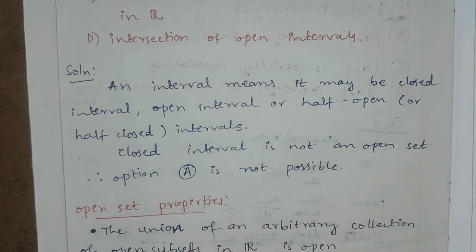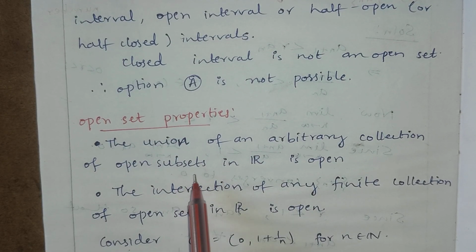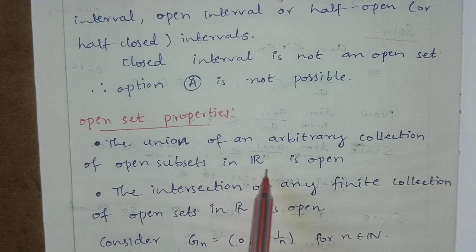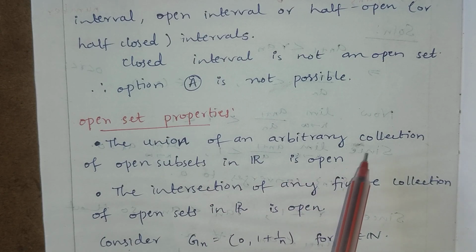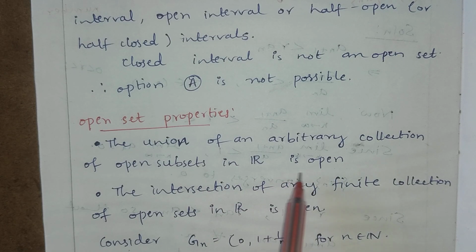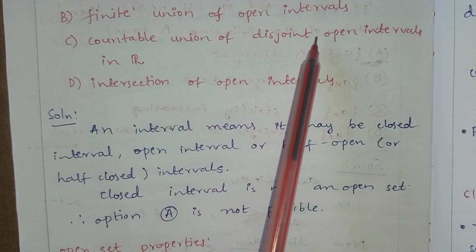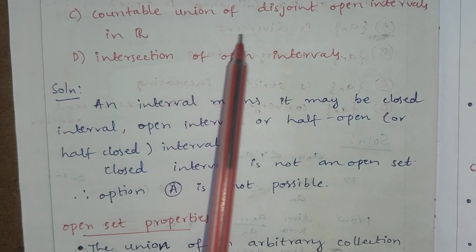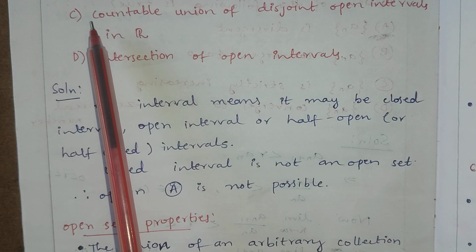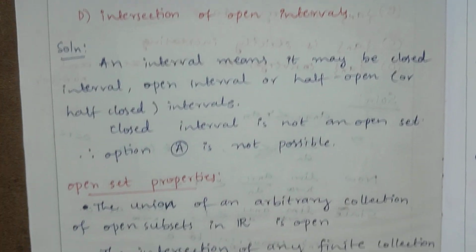Next, let us see some properties of open sets. The union of an arbitrary collection of open subsets in R is open. So a finite union of open intervals is also an open set, because an arbitrary union is open, and therefore a finite union is also open.